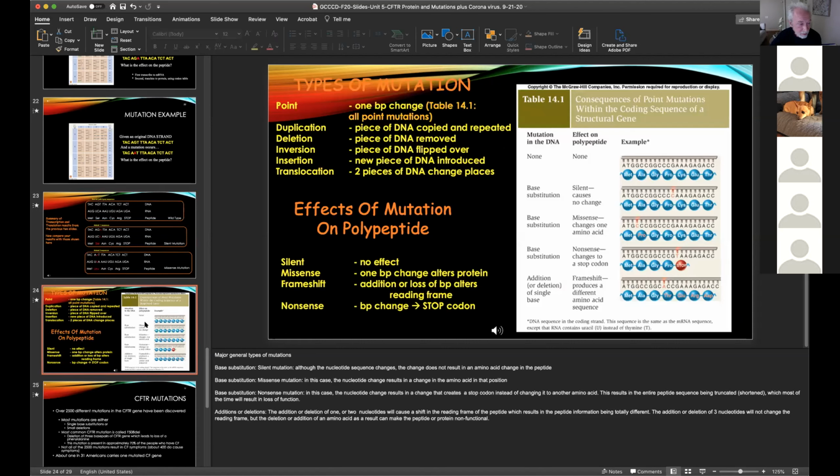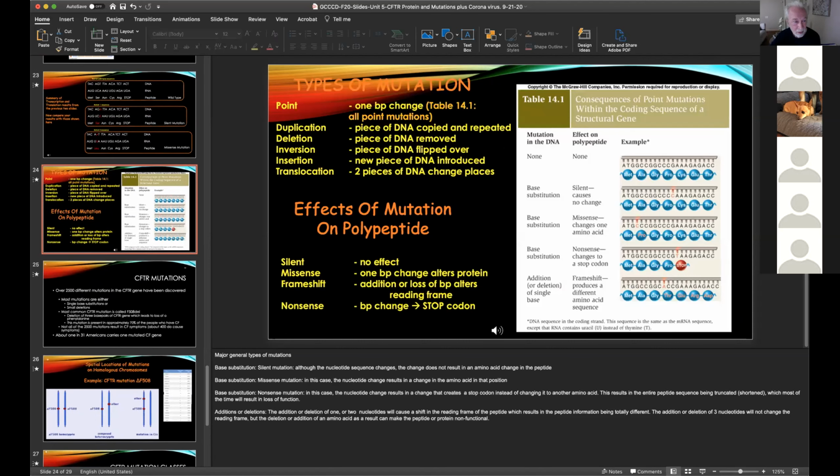And that leads to definitions. I'd like you to remember all these different types of mutation, because as you study genes, all of these become important. So a point mutation is a change of one base pair. And we're going to talk about this table in a minute, but all the mutations in this table are point mutations. Some mutations are duplications, where a piece of DNA is copied, it's repeated, and it's called a duplication.